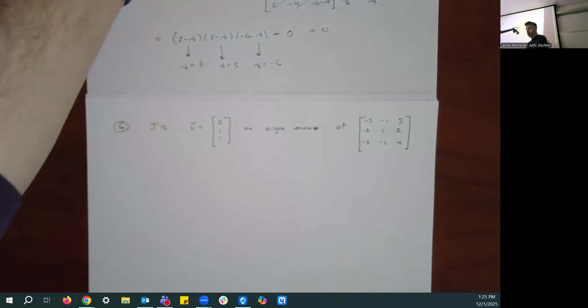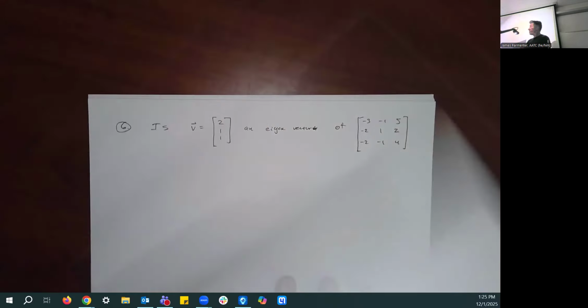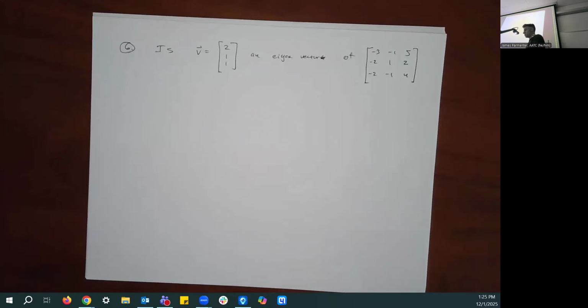Even if we could find the eigenvalues and eigenvectors of that matrix, that's a lot of work. It's way easier to check to see if this is an eigenvector by checking the following. I'll remind you, to be an eigenvector means that the matrix times the vector equals a multiple of the vector.